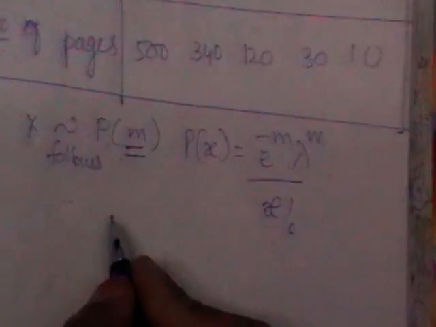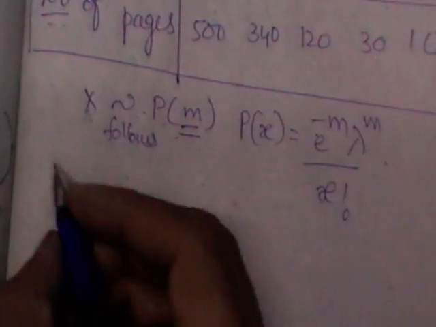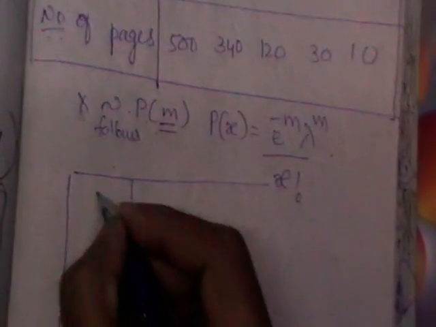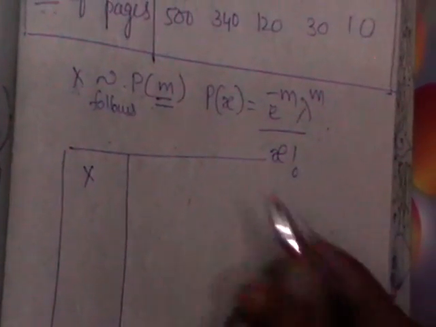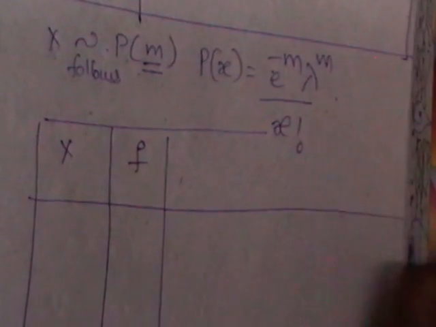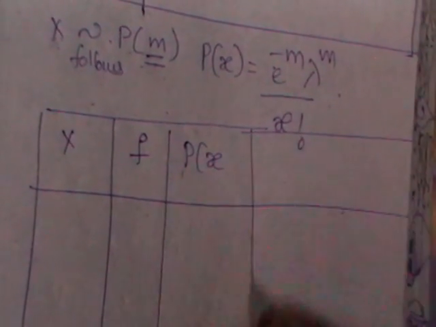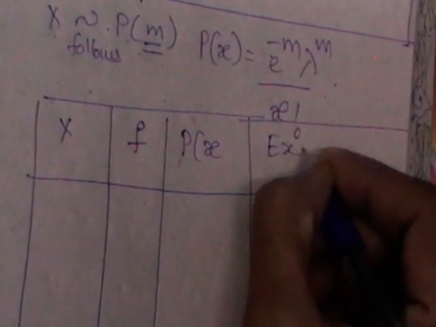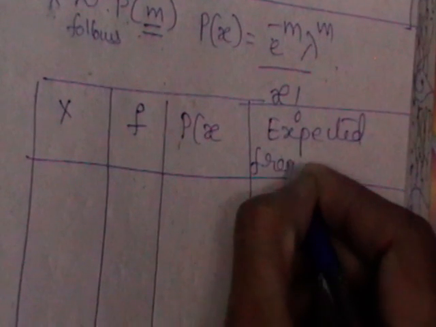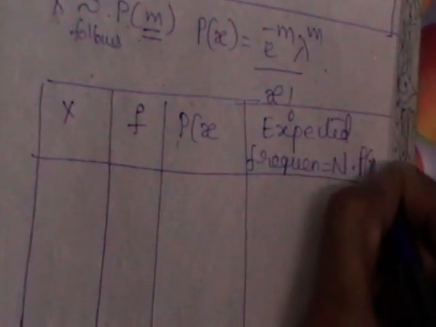As we have discussed earlier, fitting of any distribution involves three steps. The first column given is treated as x, the second one is called f. You need to find the probabilities, and then the expected frequencies. The formula for expected frequencies is n into p of x.